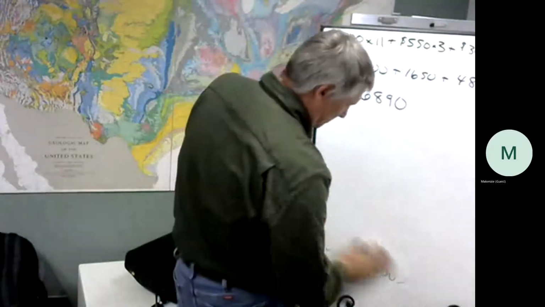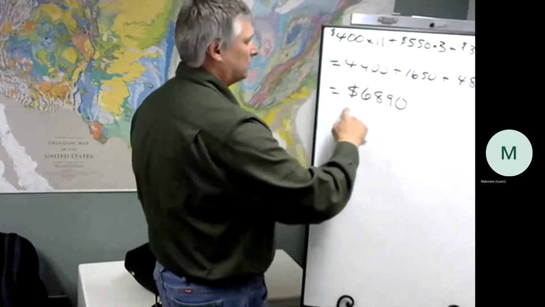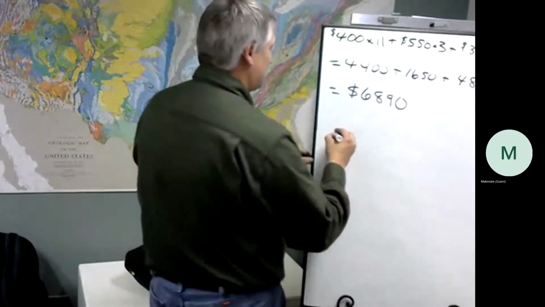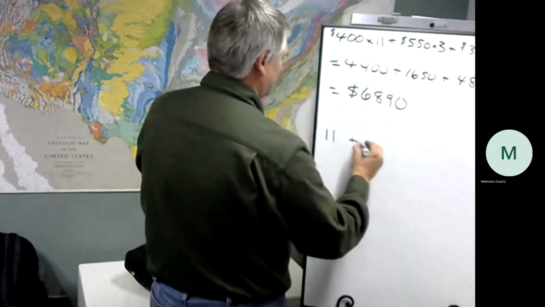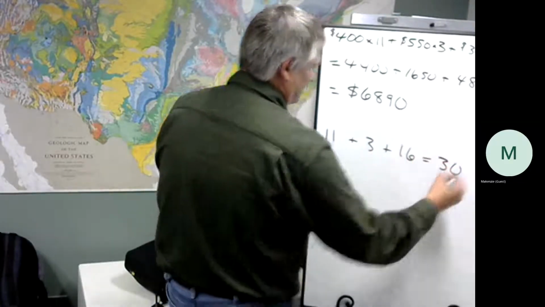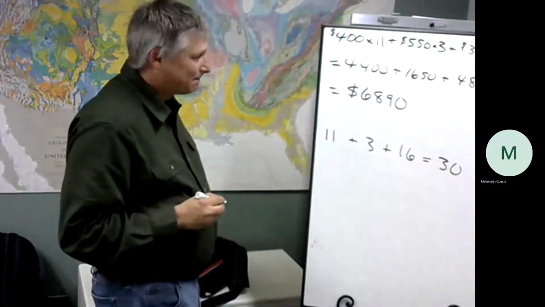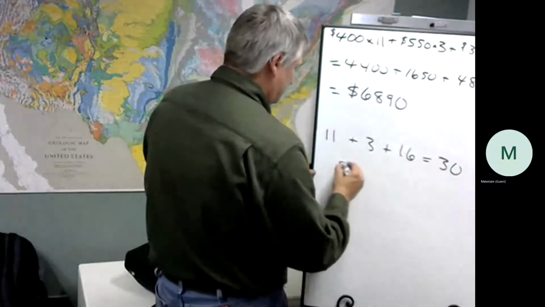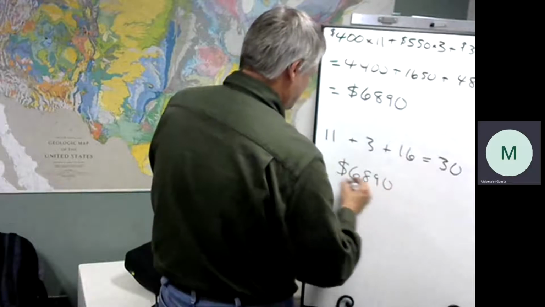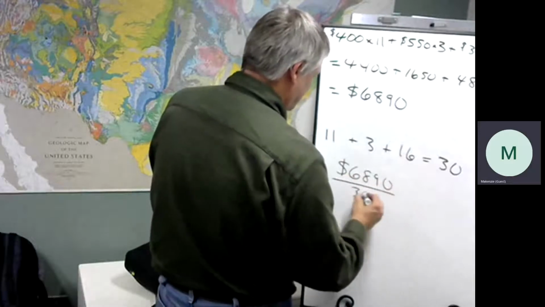So what we want to do is take this total and divide by the total number of days. Now the days, we have 11 plus 3 plus 16, and that's going to be 30 days. So to find the average daily balance, take the total and divide by 30.